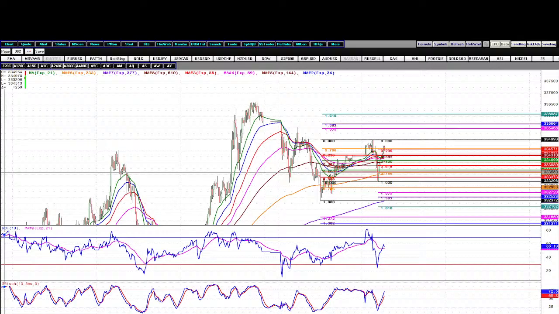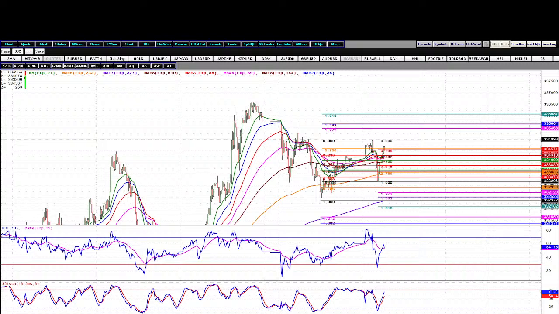Okay, so now I'm going to give you the orders so you see how we can go with this. This is a scalping trade, a cautious sell on XAU.